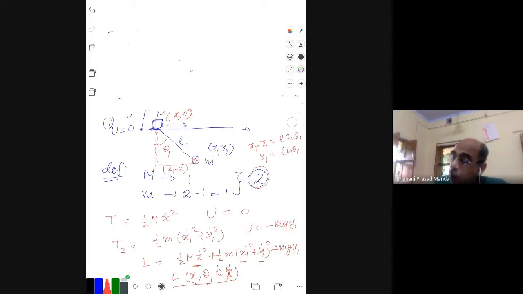For example, now I said that this mass is moving in the x direction. I could have said that this mass is not moving in the x direction, but moving in the y direction. That also I can give. This mass is moving in the y direction, a pendulum is attached, this pendulum is oscillating. So this is one problem, find the Lagrangian.